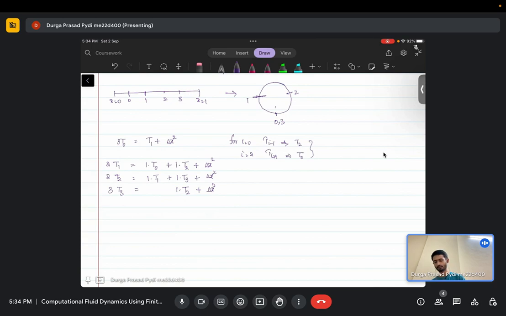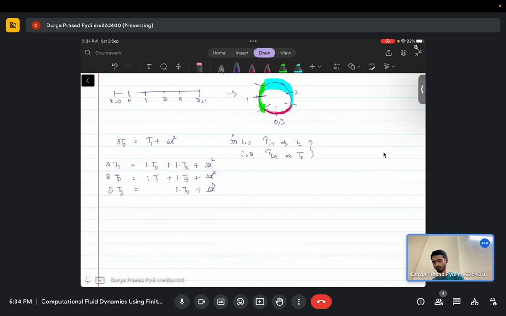If we take this particular case, this is one portion, this is another portion, and this is another portion.